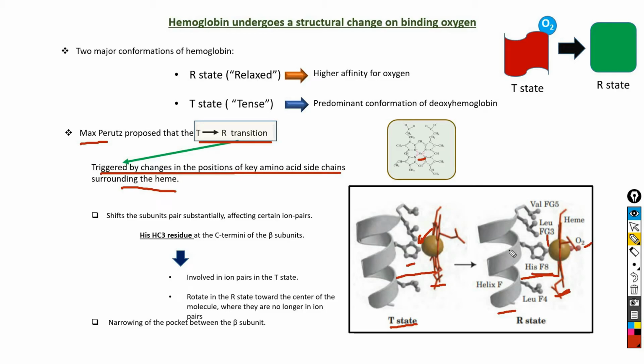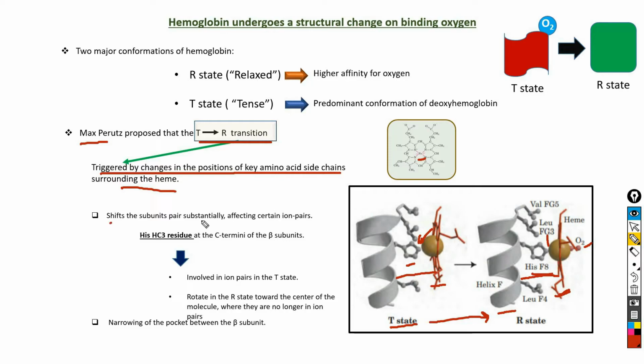These changes lead to adjustments in the ion pairs at the alpha 1 beta 2 interface. So in conclusion, the binding of O2 to a hemoglobin subunit in the T state triggers a change in the conformation to the R state. When the entire protein undergoes transition from T to R state, three important events take place.